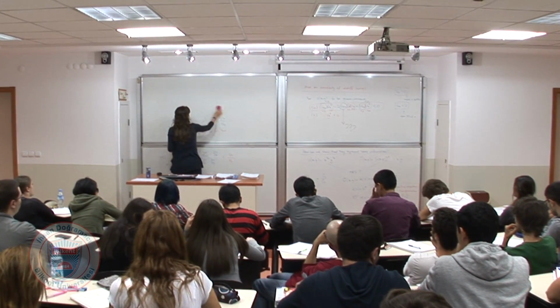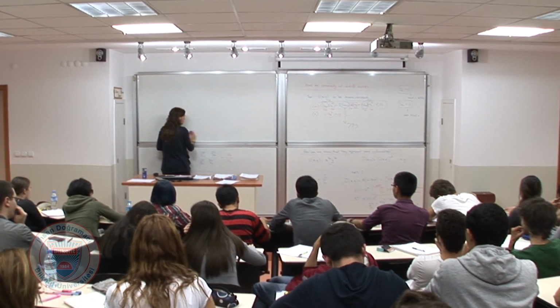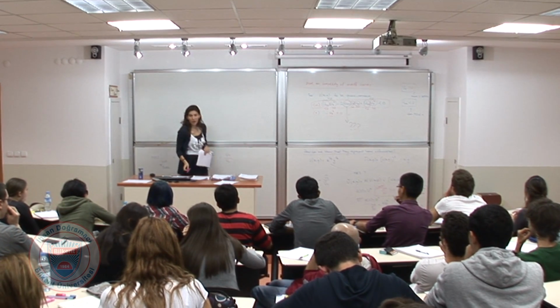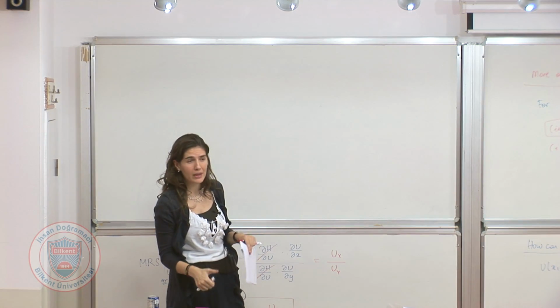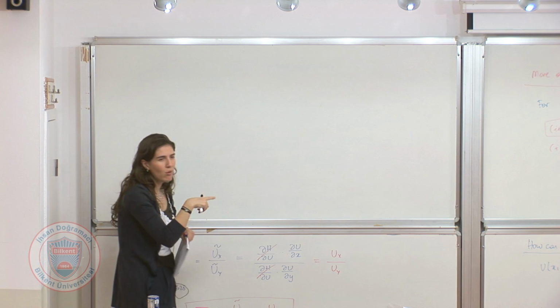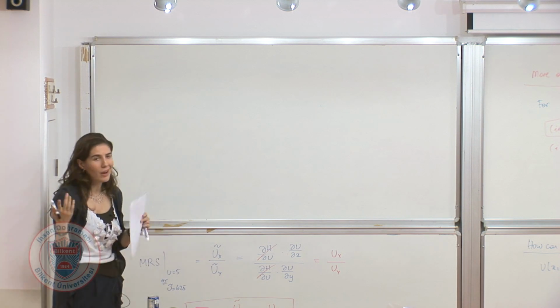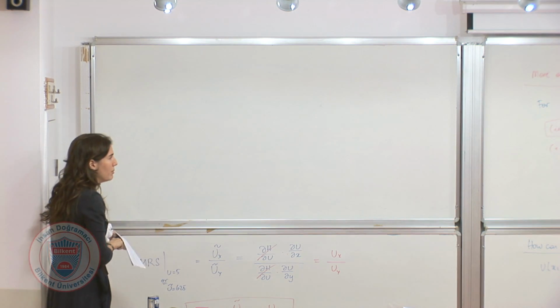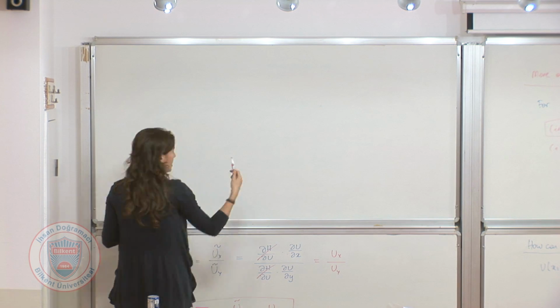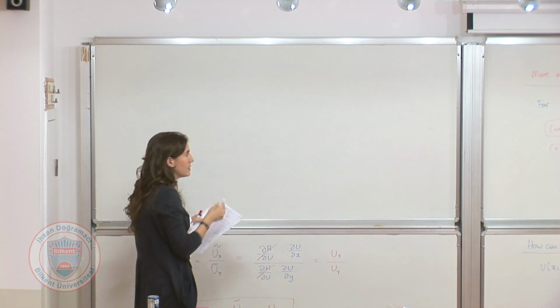These are two different concepts, okay? Students usually tend to get confused about them. If you have one, it doesn't necessarily mean that you have the other. So diminishing marginal utility does not guarantee diminishing MRS, okay?